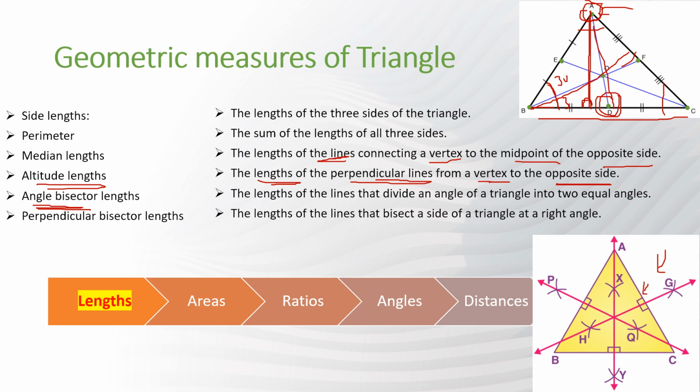So the length of the lines that bisect an individual side, for example AB or AC, is the length of the lines that bisect a side of a triangle at a right angle. So what is that length? See, it has to bisect and it has to be a right angle, both. So that length we call the perpendicular bisector length. These are a couple of geometric measures which we can place under length.